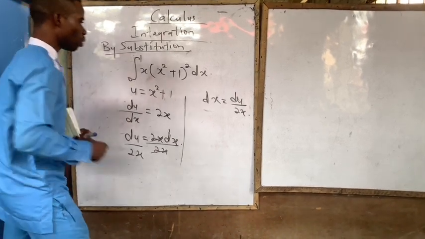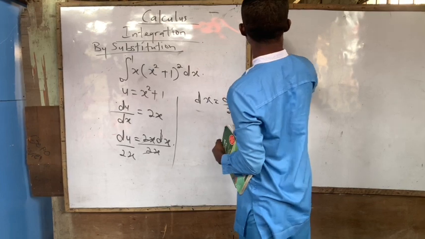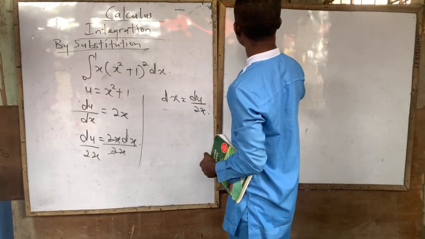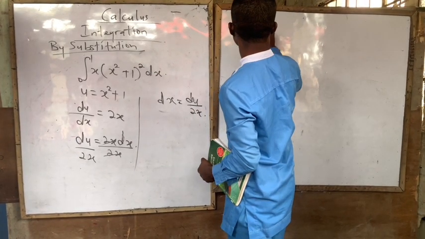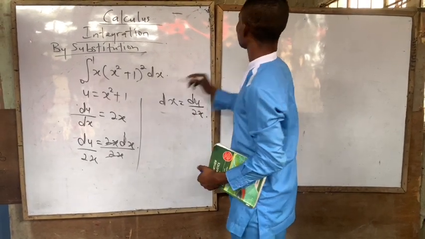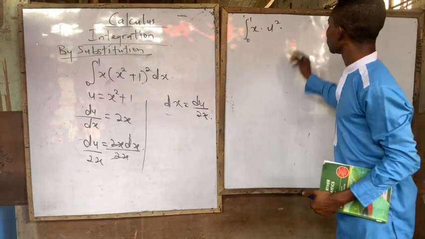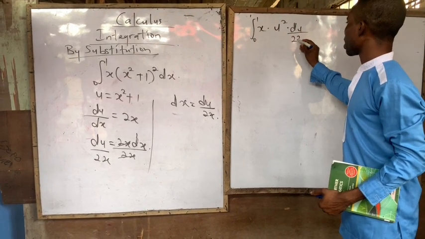So what will I do now? I have the integral of x, and I've represented the bracket to be u, so multiplied by u raised to power 2, multiplied by dx, which is du all over 2x.